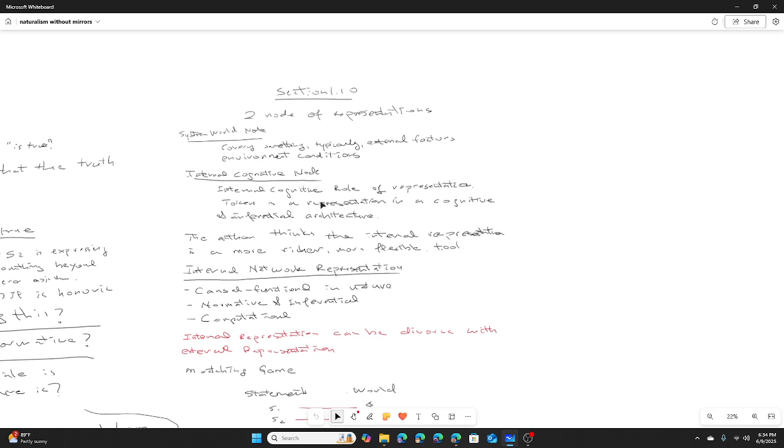So there are two different types of representation: the internal representation, based on this internal cognitive architecture, and the external system world node, where representation depends on things in the world. The author in this paper argues that the internal representation is a much richer, more flexible tool for us.